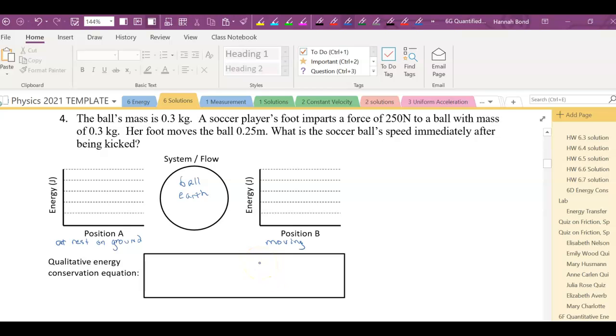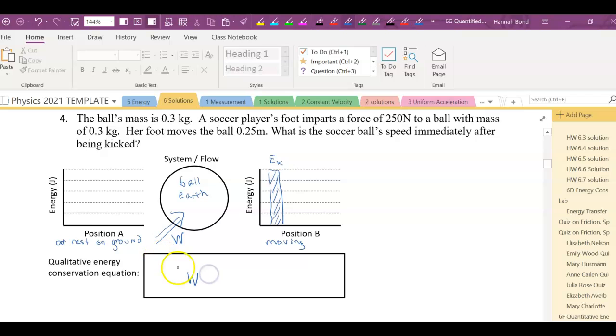So this is a very similar situation to the cat playing with the ball. Again, we have a situation where there is no energy in the soccer ball at the beginning, but at the end, the soccer ball is moving, and so there's kinetic energy. The kinetic energy that we see in the ball at position B is there because the player did work on the ball by applying a force to the ball.